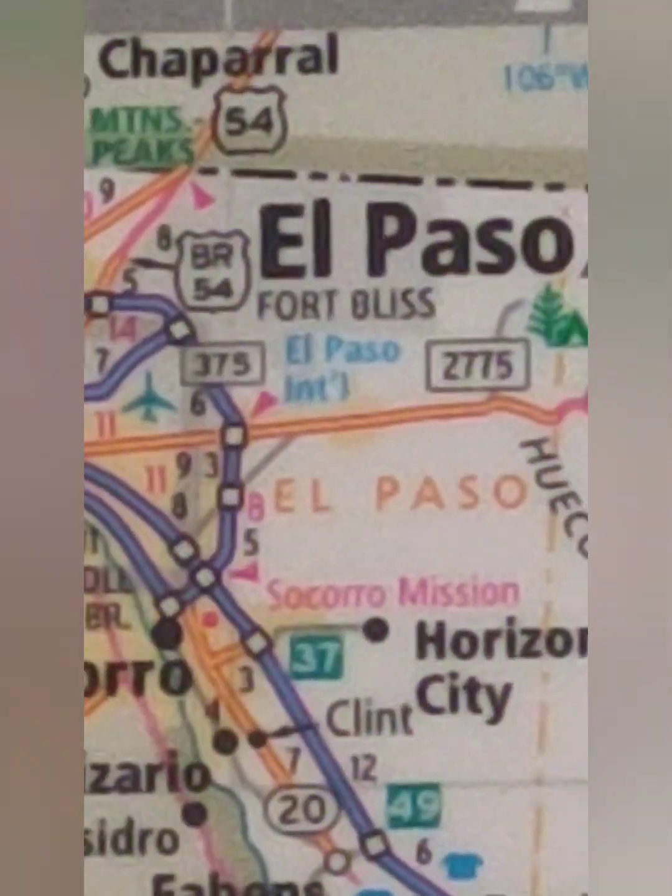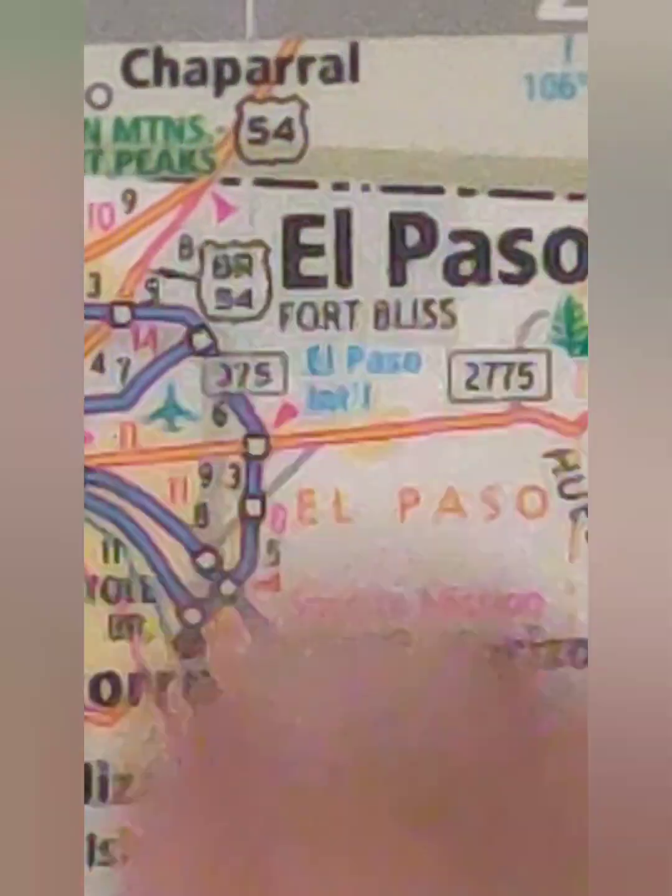And technically, there should be a black airplane in there because Biggs Airfield is there, and that is a military airport.